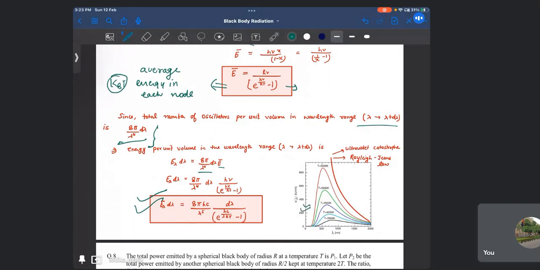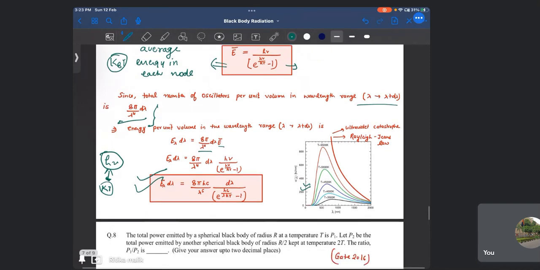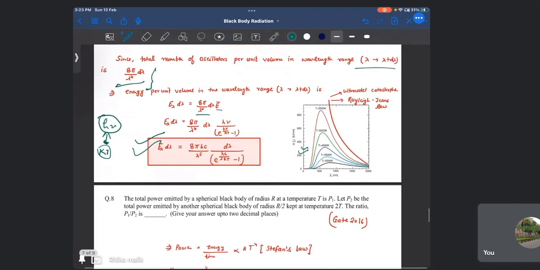So by changing the hypothesis that the oscillator carries an energy quantum of h nu, from kBT to h nu, we are able to exactly match our expressions for the energy with what we have observed in the experiment.